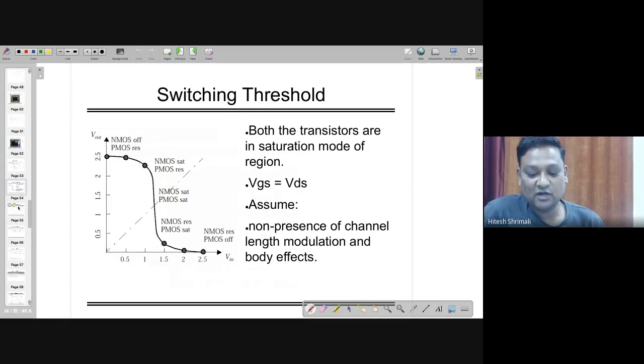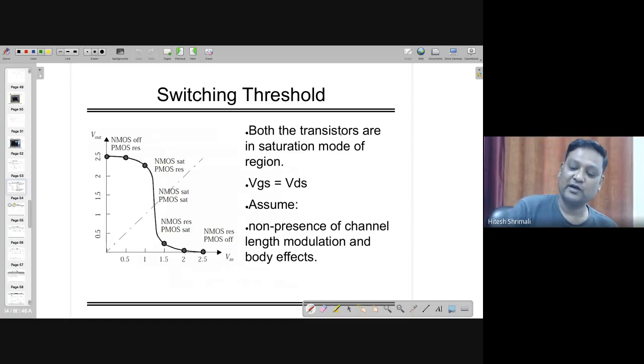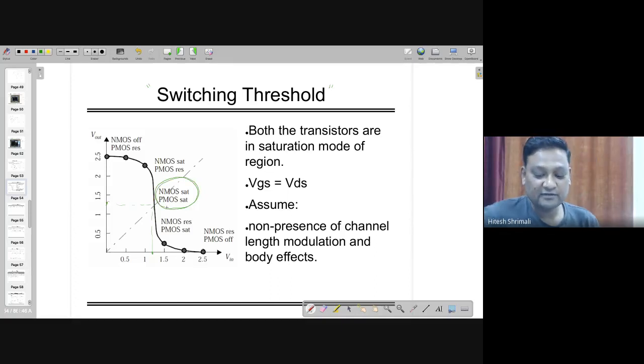Okay, so now a few more things. Both the transistors are in saturation mode of operation when you are interested in finding the switching threshold, because Vin and Vout are the same. This only happens when PMOS and NMOS both are in saturation, at the midpoint, right? Notably, when this is happening, VGS and VDS are exactly equal.